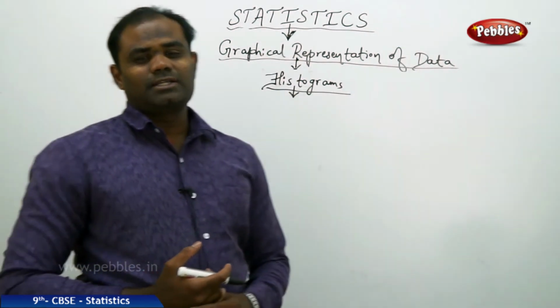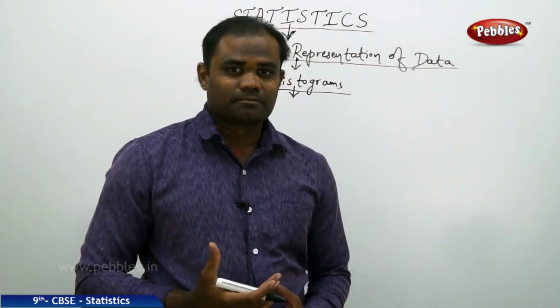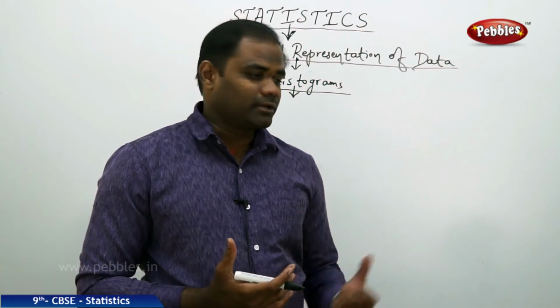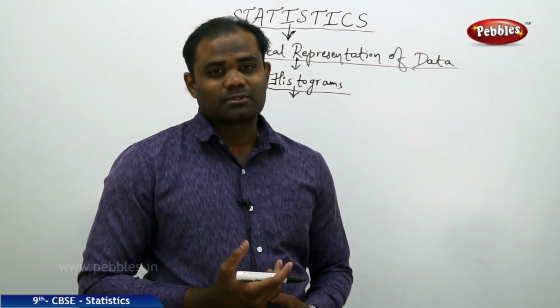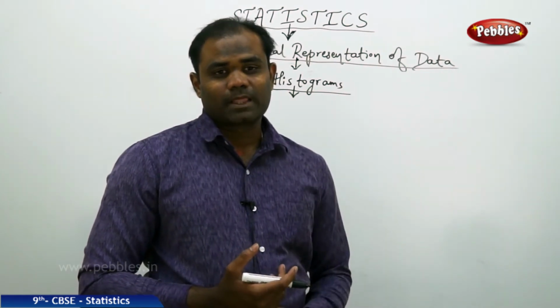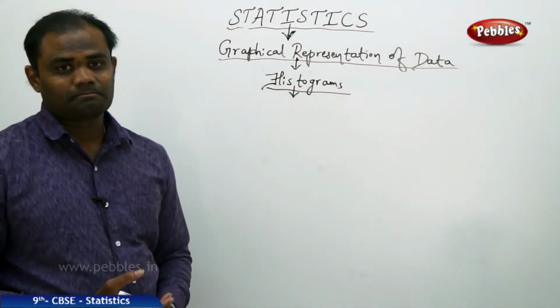Now imagine I take the example of a physical education teacher trying to collect the students' weights, and that purely comes in with a histogram. Let's see how a histogram helps me in classifying the data.